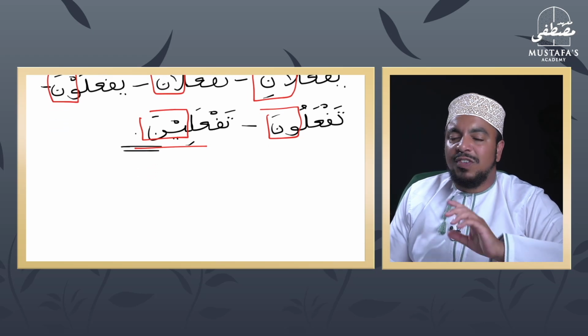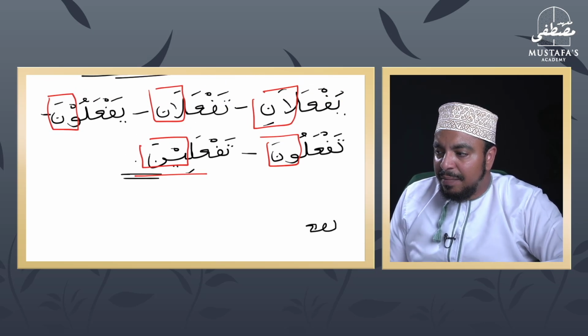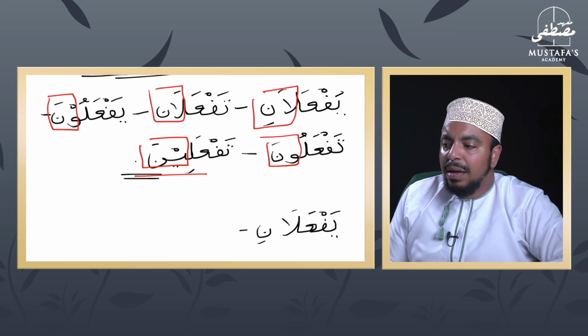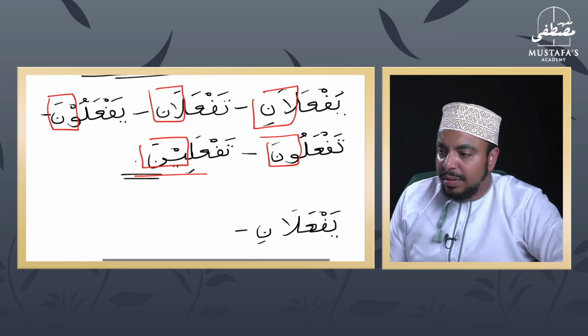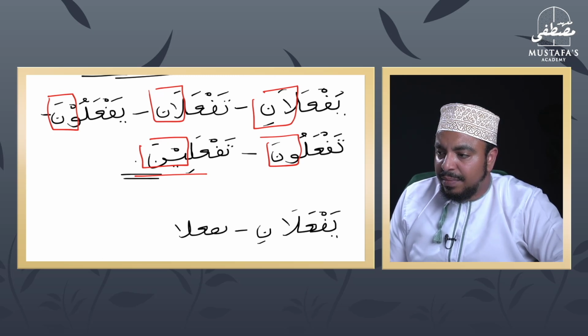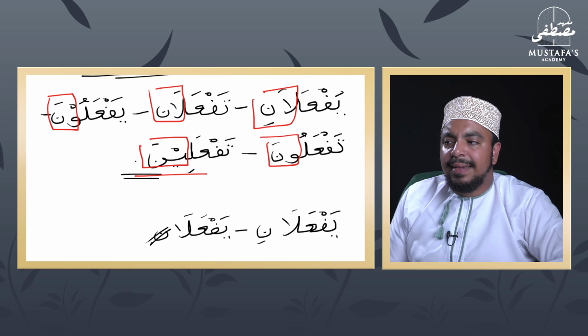I keep on mixing verbs and nouns. The five particular verbs are different. Why so? Because sometimes this same يفعلان could be يفعلا, and the noon at the end is deleted.